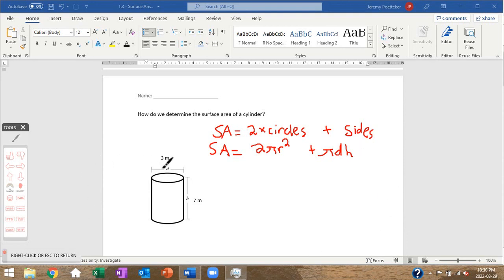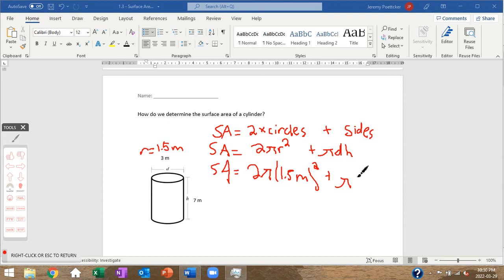All right. In this case, we have to remember that the radius is half the diameter, so I need radius here, I need diameter here. So in this particular case, radius is 1.5 meters. Okay, so my surface area is equal to 2 pi times 1.5 squared, plus pi dh.